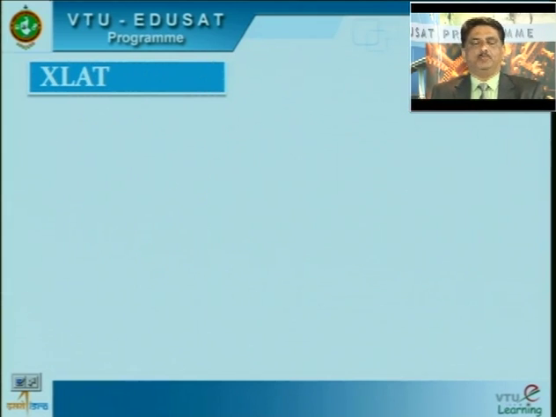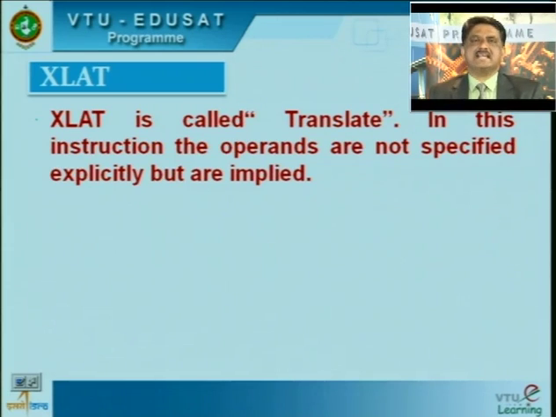XLAT, a very important instruction. XLAT is called translate. It is the translate instruction, where the operands are not specified explicitly, but they are implied, they are understood.